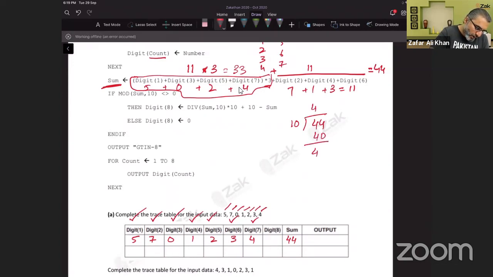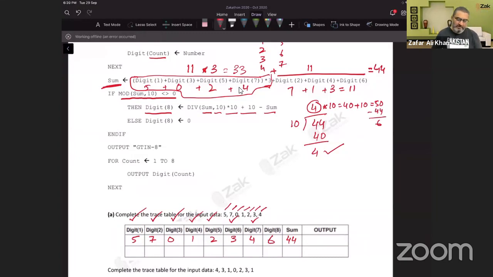If mod of sum with 10 is not equal to 0, yes, it is not equal to 0, then digit 8 is equal to sum div 10, multiplied by 10, plus 10, minus sum. So digit 8 is equal to 6.